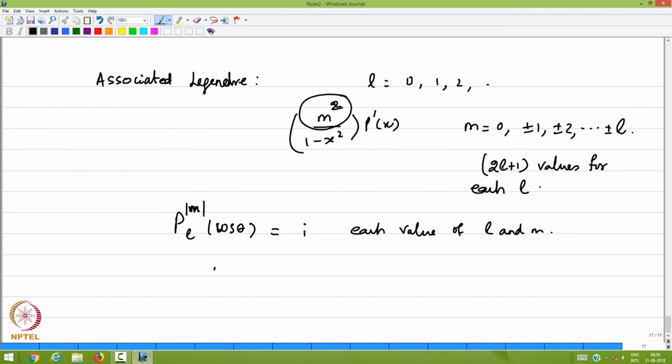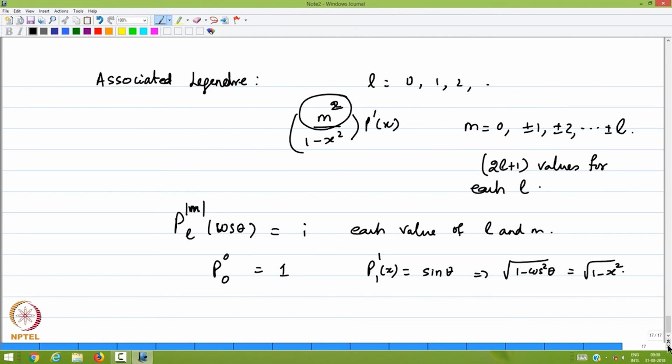So, P_0^0, of course, when L is 0, m is 0, this is 1, trivial. P_1^1, if you were to write it in the form of x, but now we are writing it in the form of theta, will be sin theta, which is square root of 1 minus cos square theta, or square root of 1 minus x square if you have to write this in the form of x.